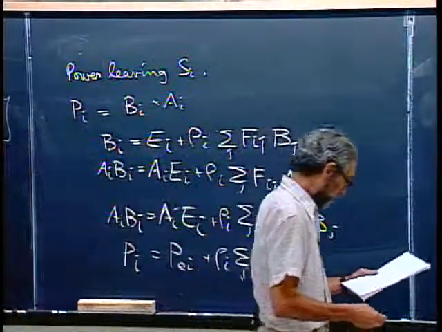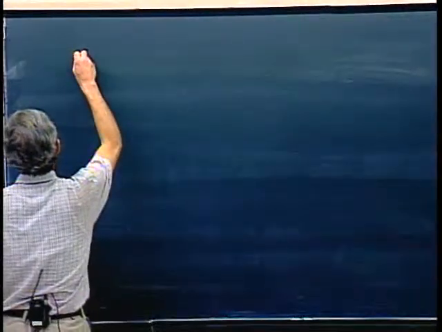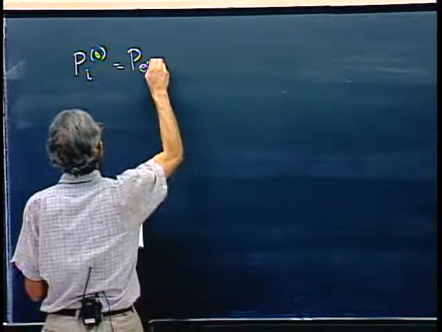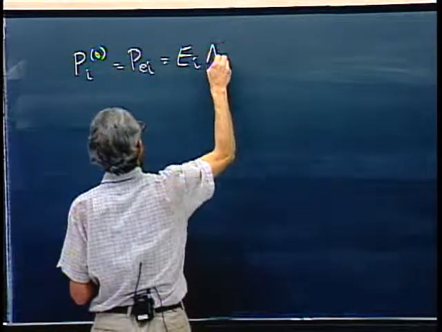So we can do an alternate iterative method which says we'll initially start Pi of 0 for all i as this Pei, which is the emission times the area.